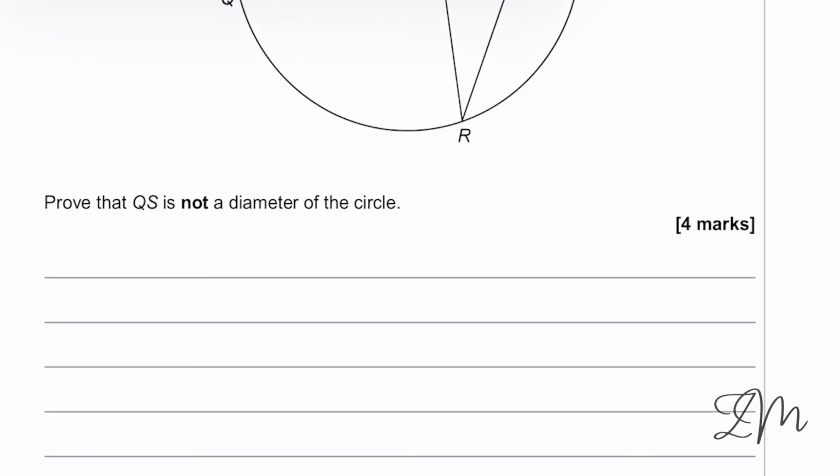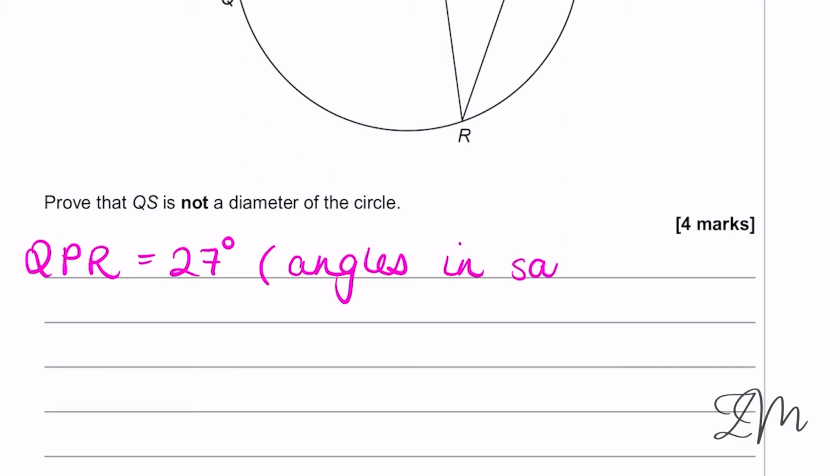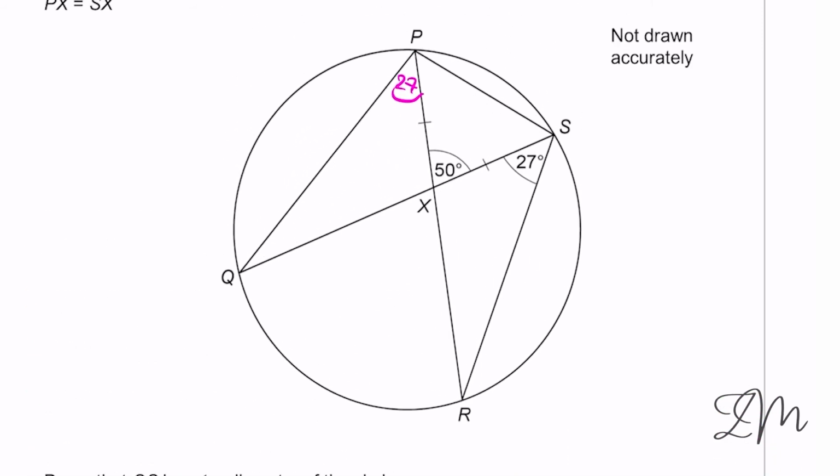So we would write QPR equals 27 degrees, and its angles in the same segment. Right, so we've got those two angles to start with. Then we could work out XPS.